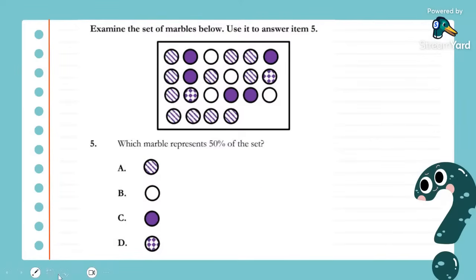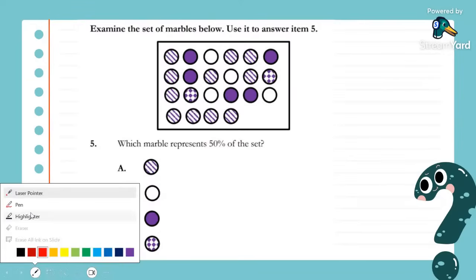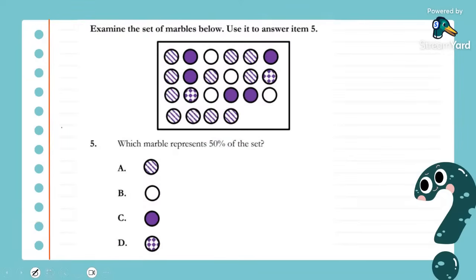So I will start by showing the representation of the number of different kinds of marbles. I'll look at the marble for A, the striped marble. But before I do that, I need to see how many marbles there are in all. So I'll count them. 1, 2, 3, 4, 5, 6, 7, 8, 9, 10, 11, 12, 13, 14, 15, 16, 17, 18, 19, 20, 21, 22.